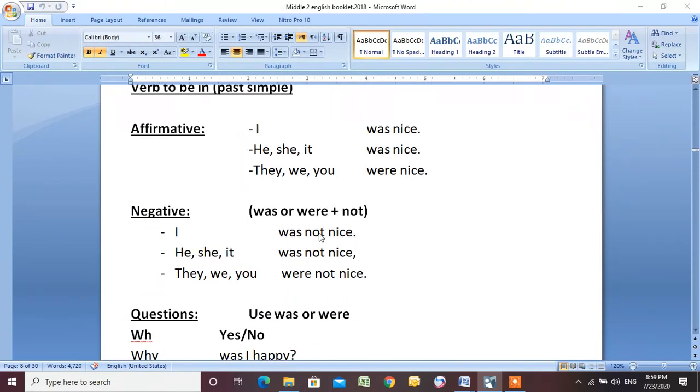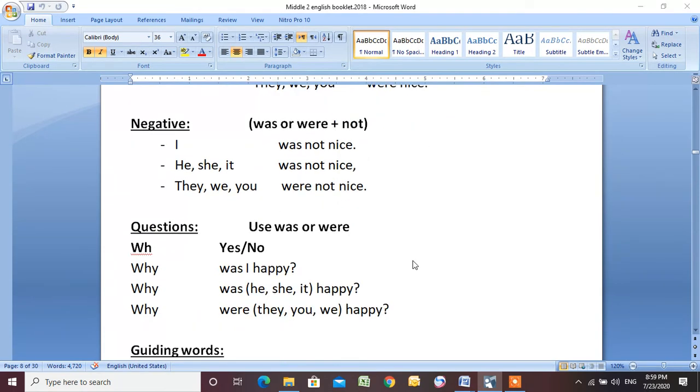The negative is very easy. We use verb to be, was or were, plus not. So I wasn't nice. He wasn't nice. They weren't nice. Questions? Again, I have to use verb to be in the past, was or were.